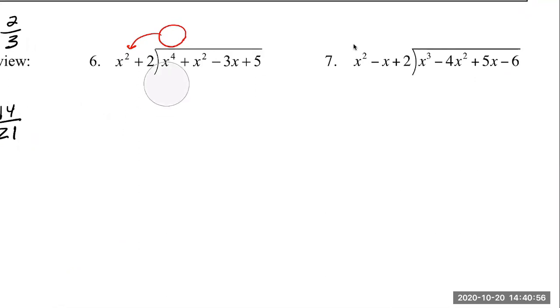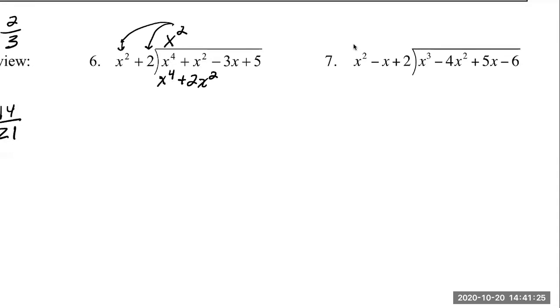So we would start with an x squared. We're doing x squared there because x squared times this x squared is x to the 4th. And then we also multiply this x squared to the 2 out in front for this process of long division. So when we multiply that, that would be plus 2x squared.